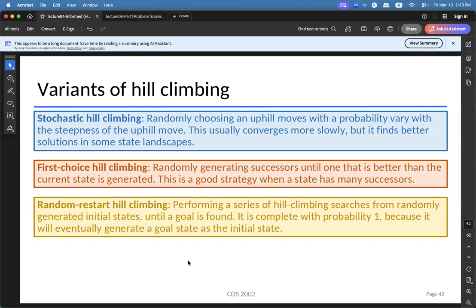It is exactly the same idea. Random restart hill climbing will always be able to find the goal state, because you keep rolling the dice, and eventually you can roll a starting point that is very close to the global optimum, and you can get to the global optimum.